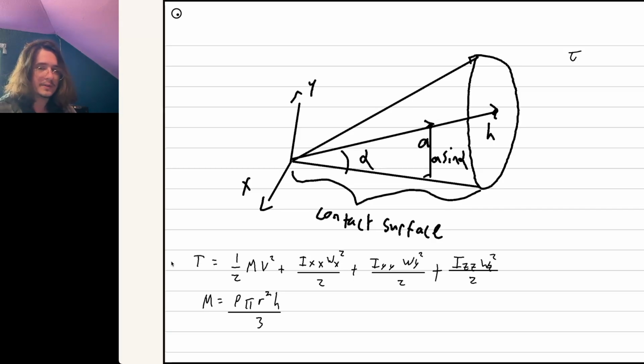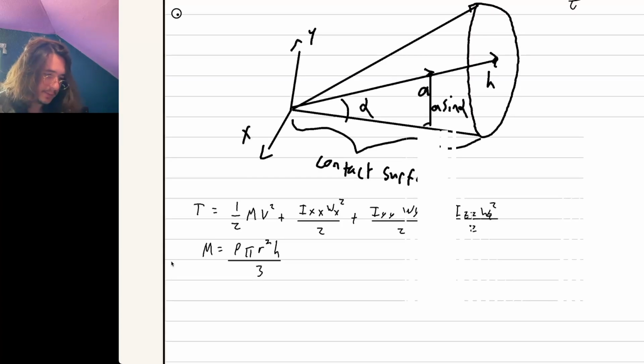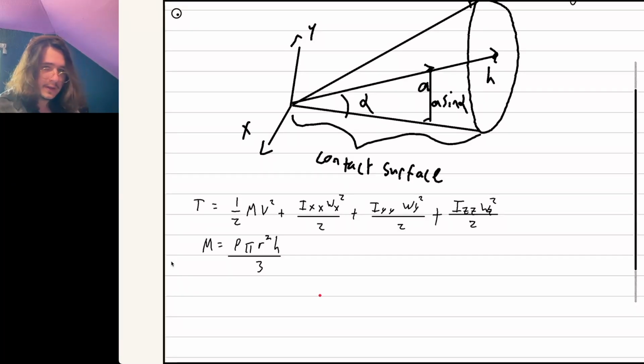So that's awesome. Let's talk about the angular momentum vector. It's pointed along the axis of the cone because that's the direction that the cone is rotating. But the contact surface means that we can confine the angular momentum to have two components, either omega x, omega z, or omega y, omega z.